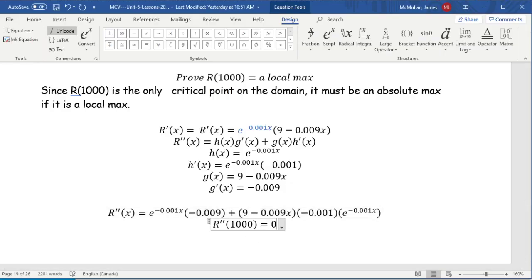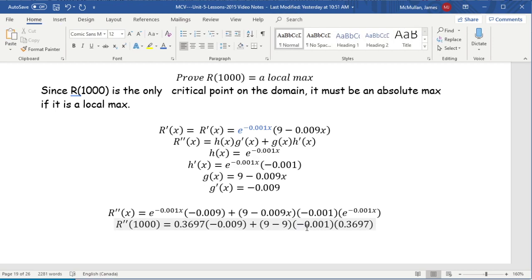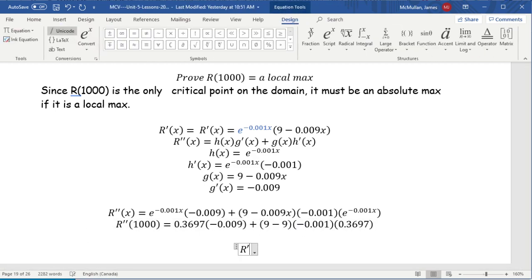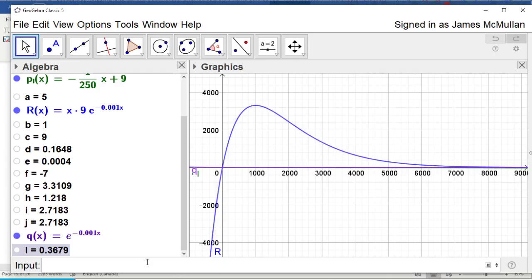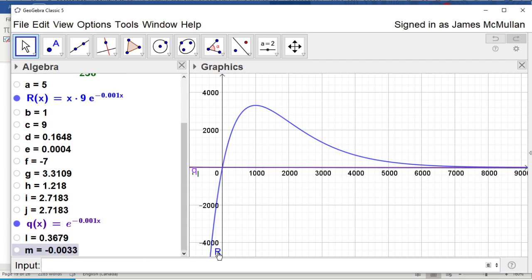So this part, 0.3679 times negative 0.009, plus, we have 9 minus 9, so that should just give us 0. The second bracket is just equal to 0, so r double prime is equal to negative 0.0033.